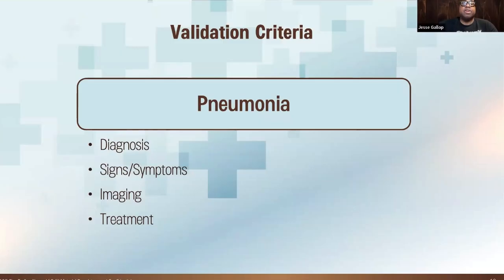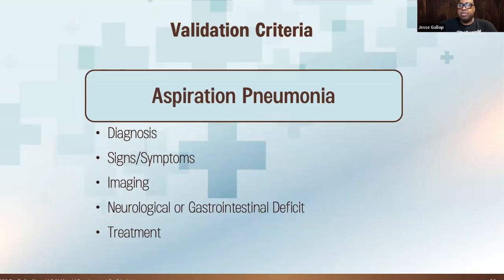Now we're going to look at the criteria for aspiration pneumonia. So aspiration pneumonia has the same criteria, but one extra component. So we have to have a diagnosis, we have to have signs and symptoms, we have to have imaging and treatment, just like in regular pneumonia, but the extra caveat is we have to have a neurological or gastrointestinal deficit.